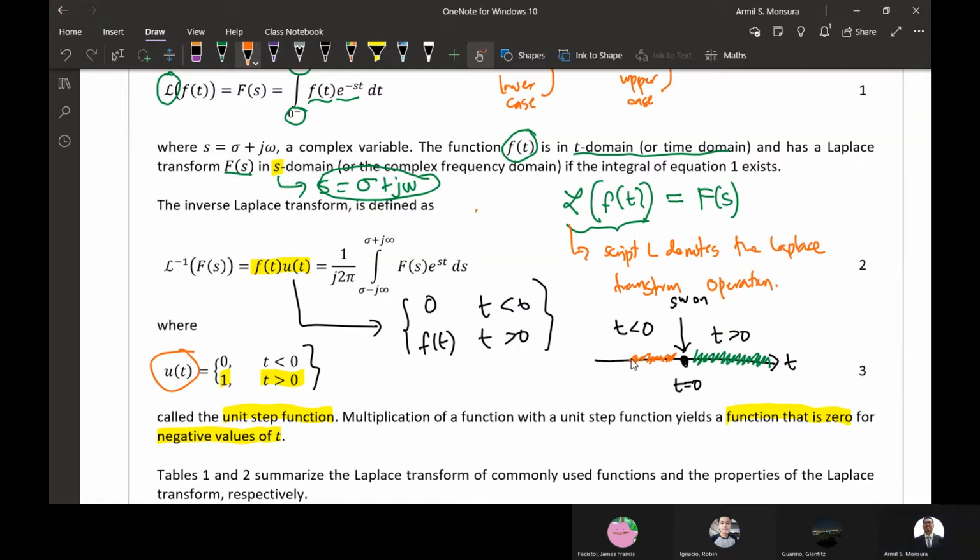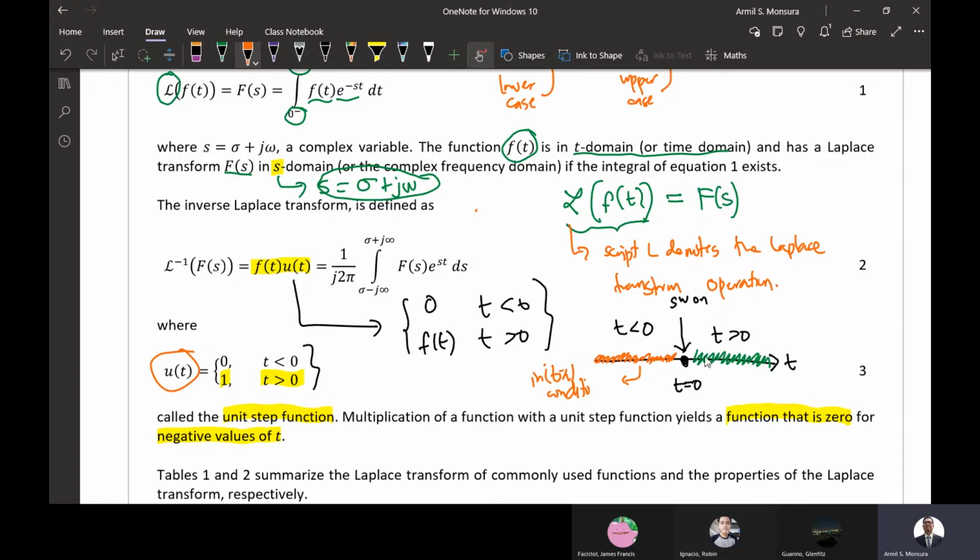Now, in some more advanced control systems analysis, we still need to get some information here, which is what we call the initial condition. By the way, you might wonder, what are negative values of time? There is no negative time, that might be a question for me. The so-called negative values of time is actually relative. It is relative to when you start your analysis.